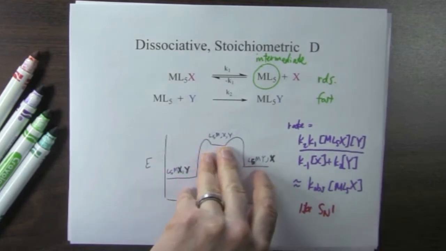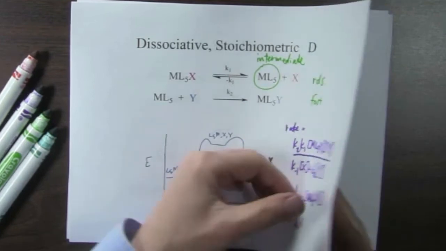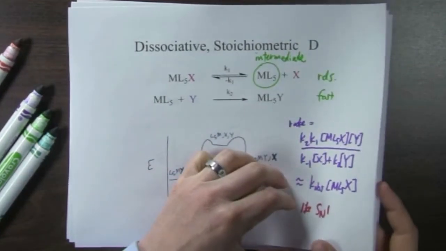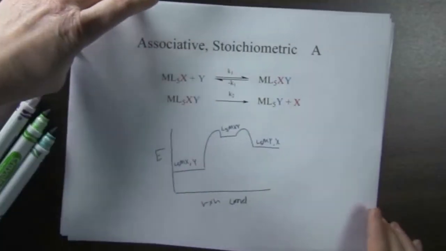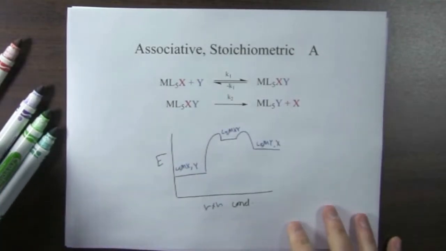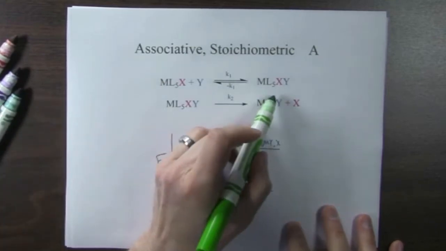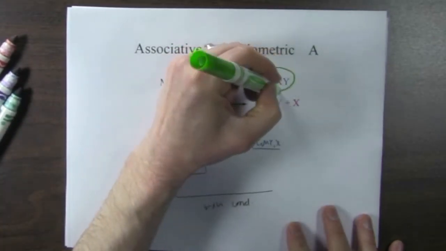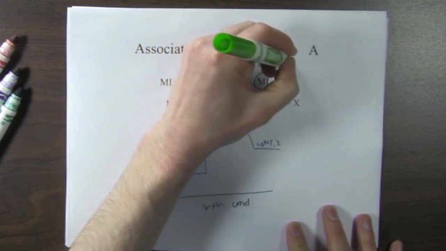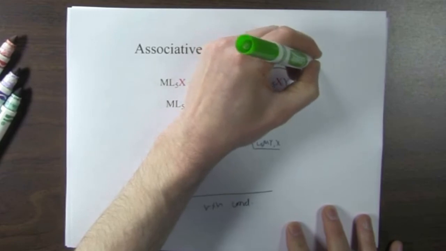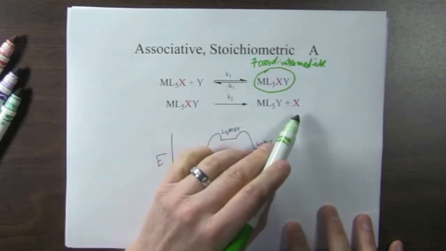Now let's look at the associative reaction. In the associative reaction, stoichiometric, so capital A, we have in our first step the formation of a 7-coordinate intermediate, because the entering group attaches before the leaving group breaks off.